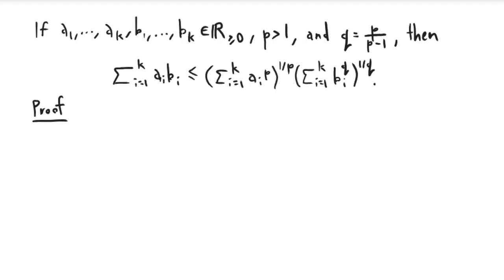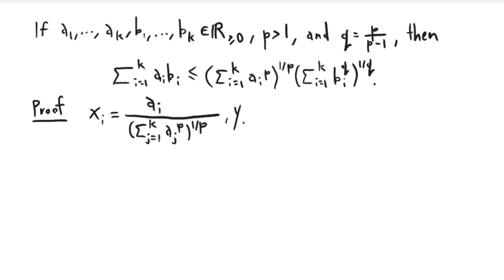In this video, we are going to prove Holder's inequality for sums. So to get started, we're going to define the following quantities. We're going to define x_i for each i to be a_i divided by the sum from j equals 1 to k of a_j to the p, all to the 1 over p.